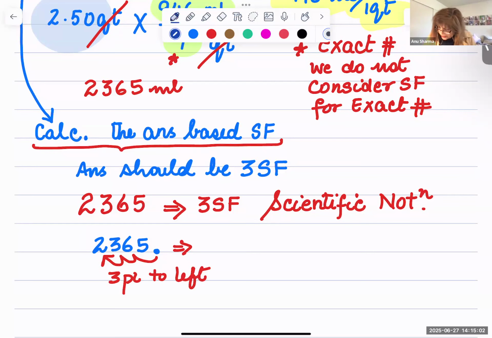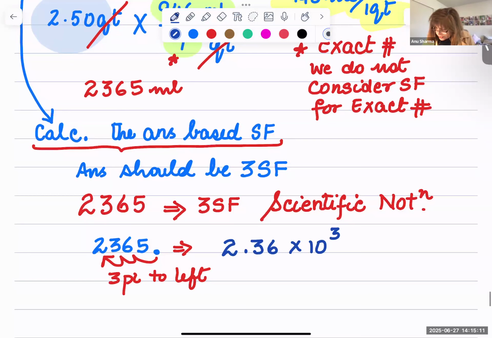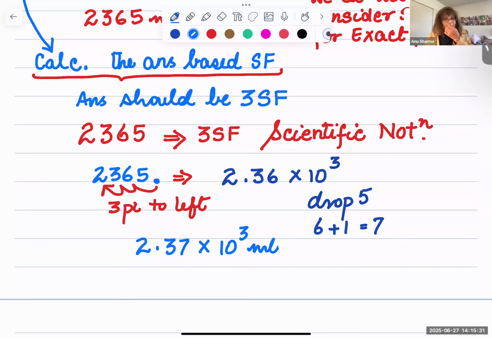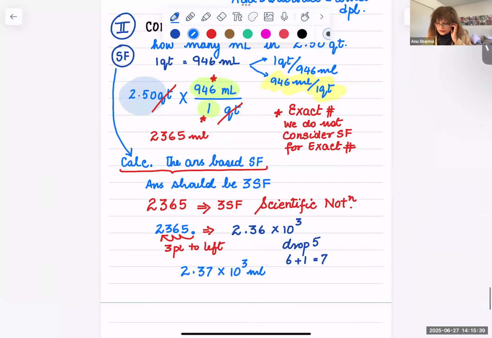This becomes 2.36 times 10 to the power 3, but we drop the 5. Since it's 5, we add 1 to the 6 and it becomes 7. So the answer now is 2.37 times 10 to the power 3 milliliters. So we covered scientific notation, the conversions and the rules.